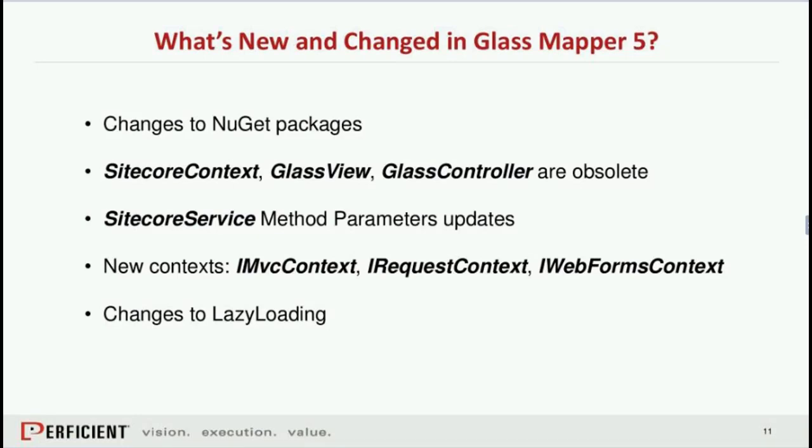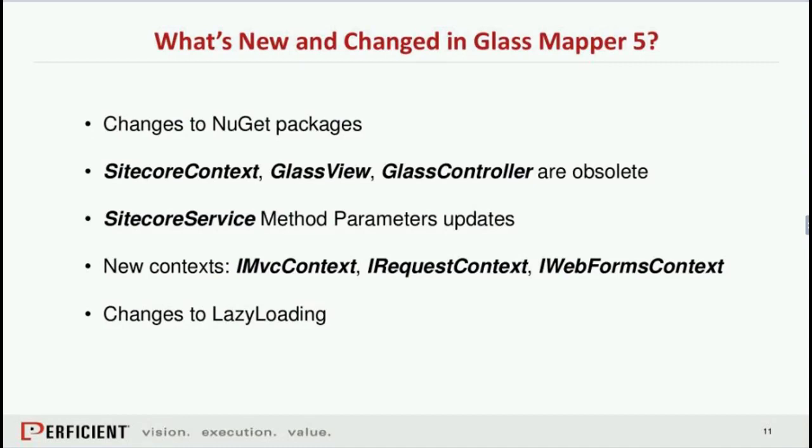So to go through that, Sitecore Context was responsible for a mixture of database access and request context. Well, now there are new contexts, which you can see further down the slide, that are available and have much clearer functionality. And these new contexts fit closer with the Sitecore architecture. So really for the request context that you're going to need, you're going to be using these new contexts.